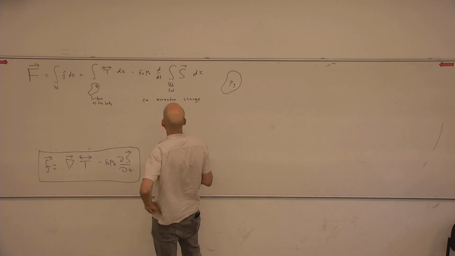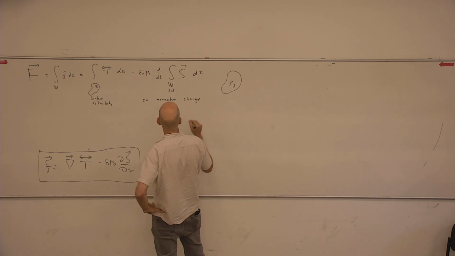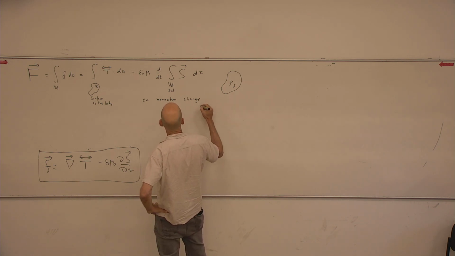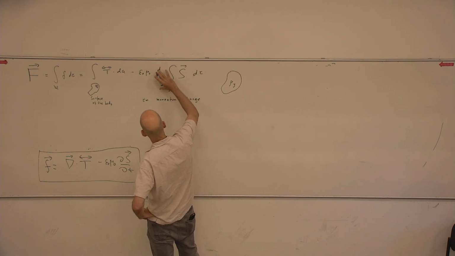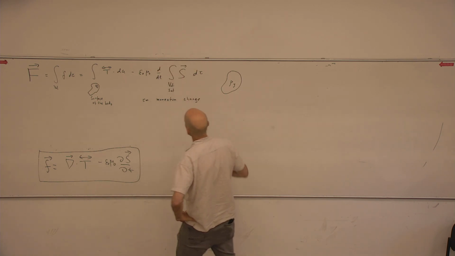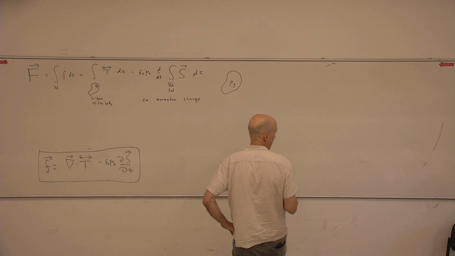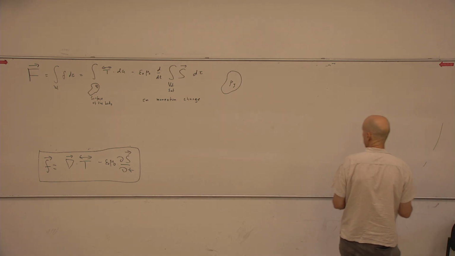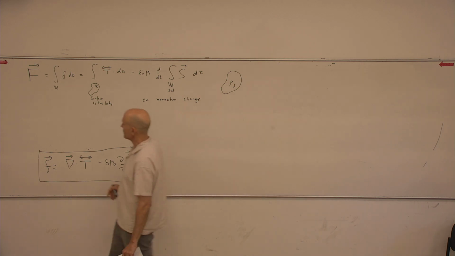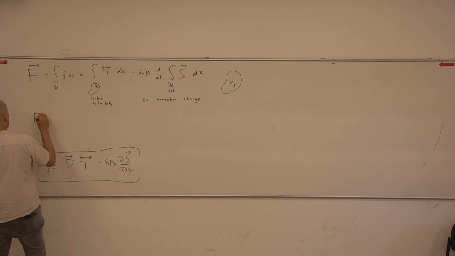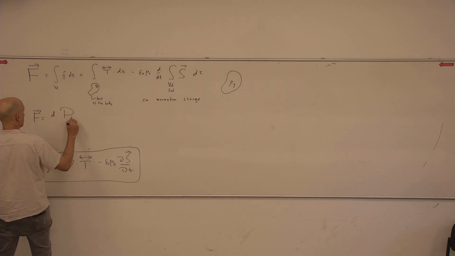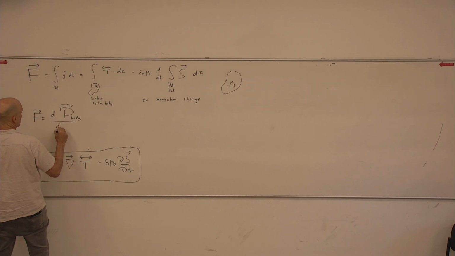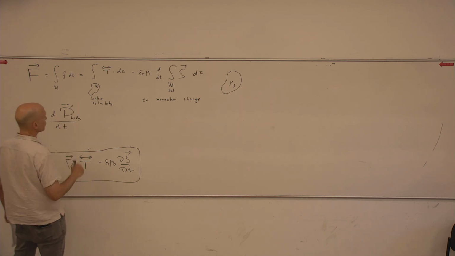So yeah, this is the time derivative of the total electromagnetic momentum. And then we can write it using Newton's law. So what do we have here? What is F? F is the time derivative of P of the body. This is the total momentum of the body itself. And it's equal to this thing.